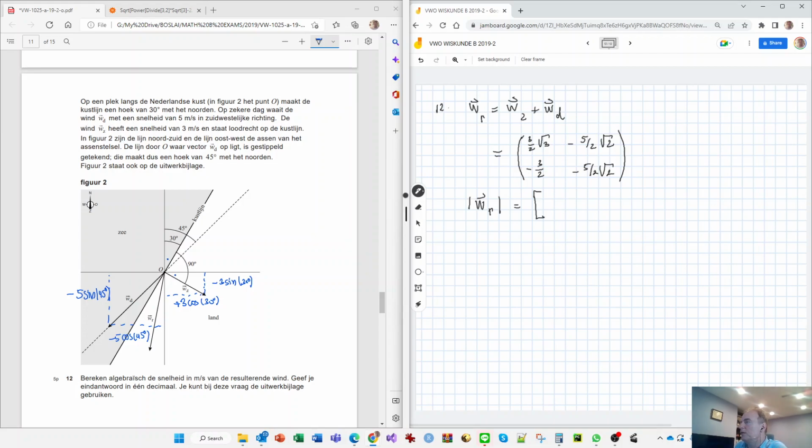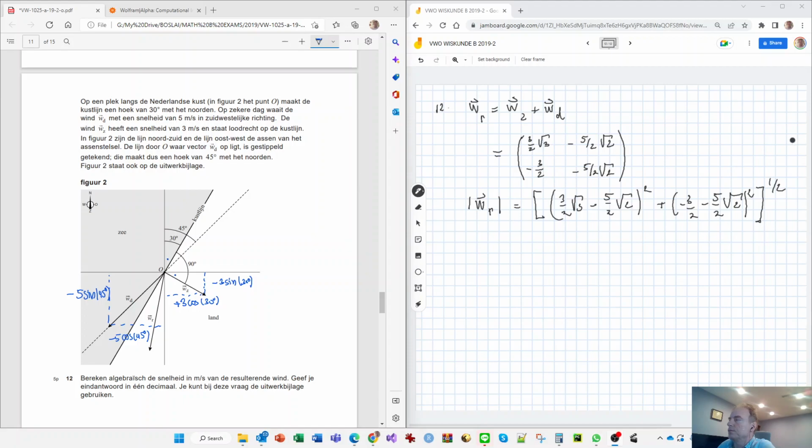So, 3/2 square root of 3, squared, plus minus 3/2 minus 5/2 square root of 2, squared, and then the square root of this.